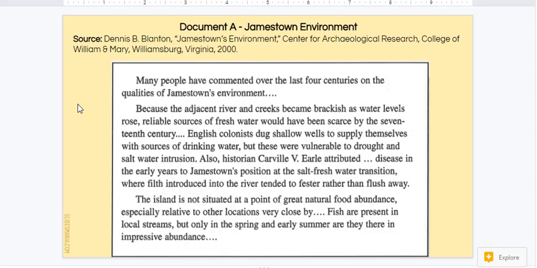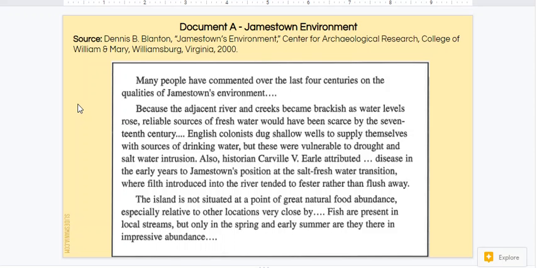English colonists dug shallow wells to supply themselves with sources of drinking water, but these were vulnerable to drought and saltwater intrusion. Also, historian Carville V. Earle attributed disease in the early years to Jamestown's position at the salt freshwater transition, where filth introduced into the river tended to fester rather than flush away.